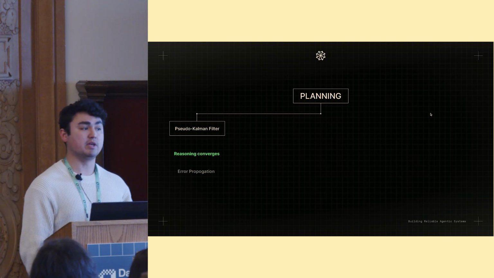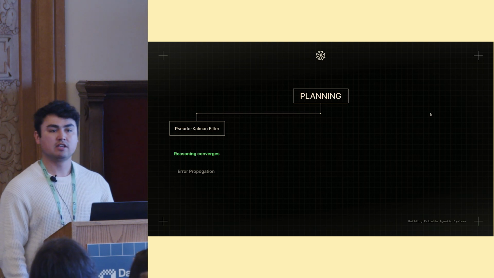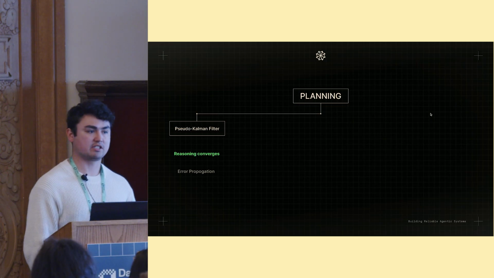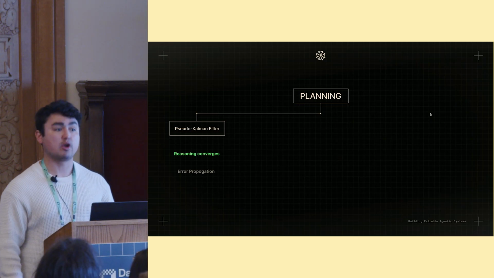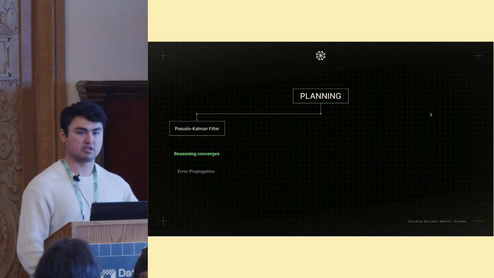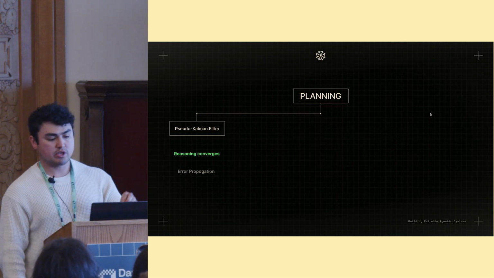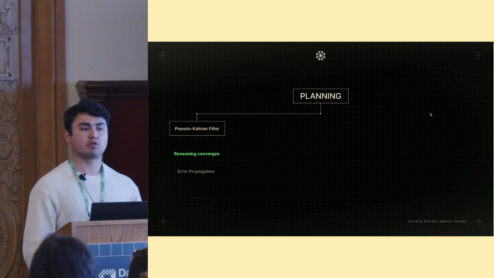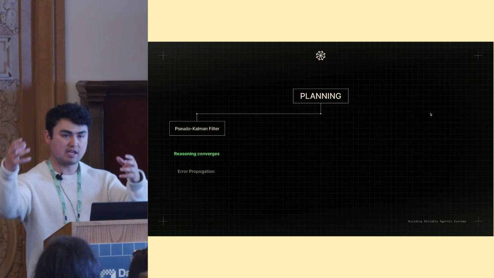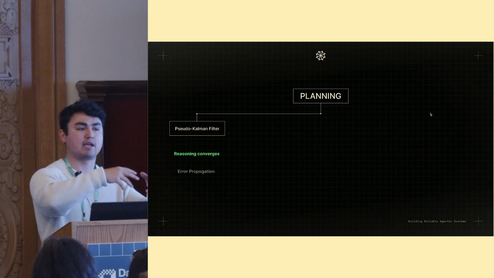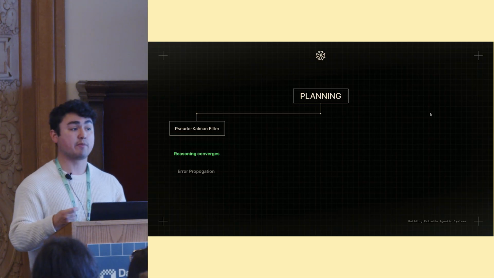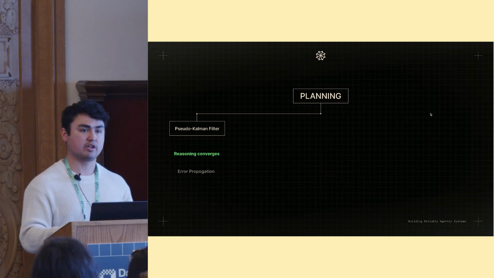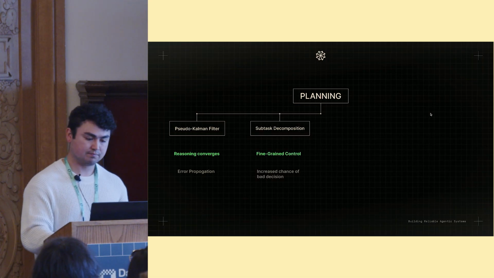Even Gemini with 1 million tokens can't take more than 6 or 7 long-form agentic steps without filling up the context window if you're doing the right retrieval in order to move forward. So we talk about, inspired by robotics, this idea of a pseudo-Kalman filter: basically passing information on your trajectory from one step to the other and deciding what information is relevant from those trajectories in order to make better decisions.